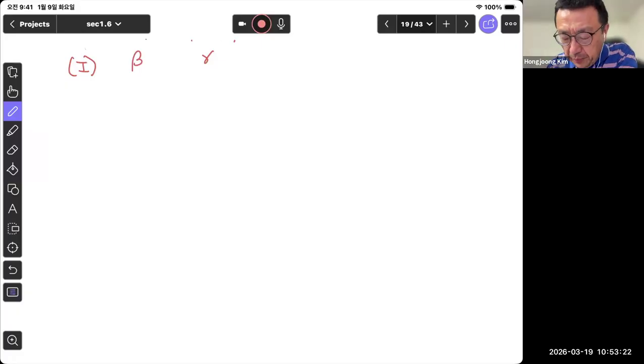Now, beta is a basis, which means it is independent. And gamma is a set of vectors which spans the whole space.